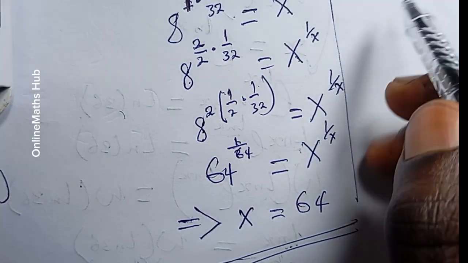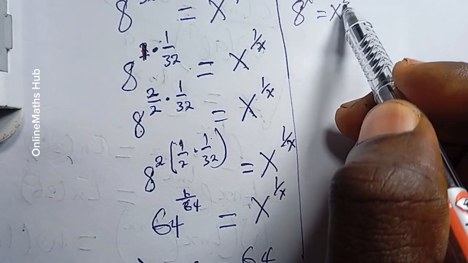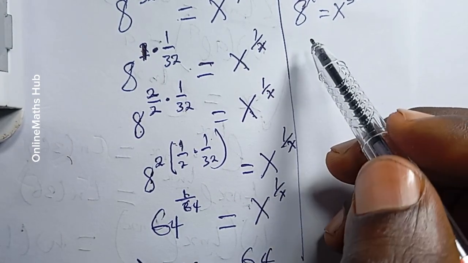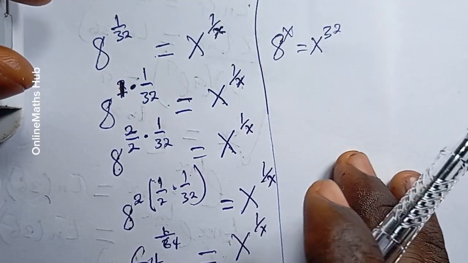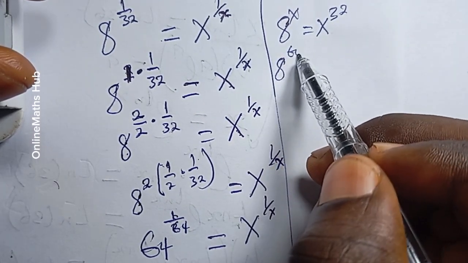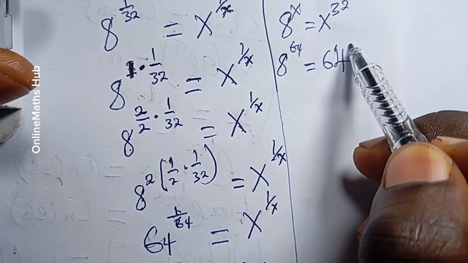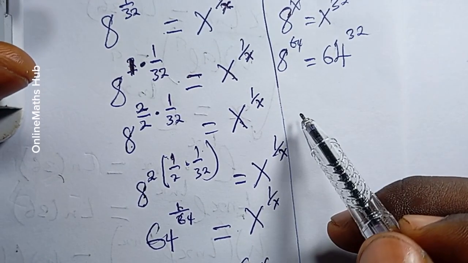What we just solved is 8 power x is equal to x power 32. So if you put x to be equal to 64, is it actually going to satisfy this? So what we are going to be having is 8 power 64 is equal to 64 power 32. So are these two things the same?